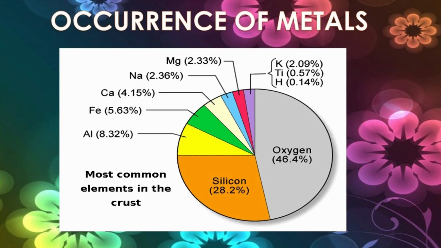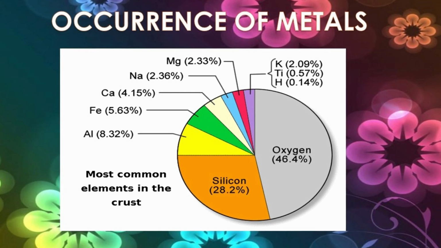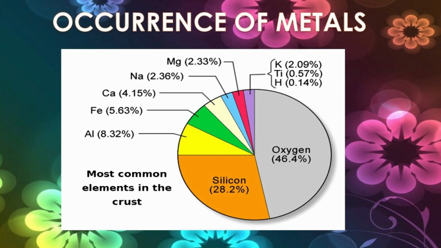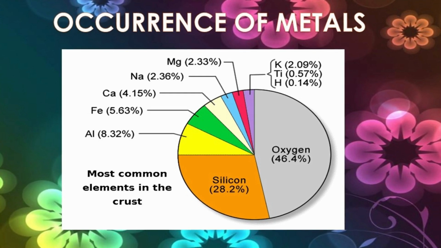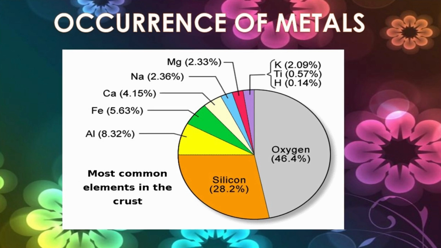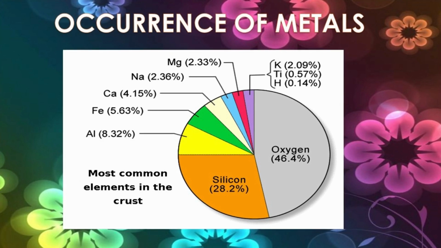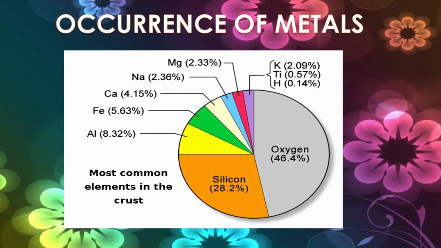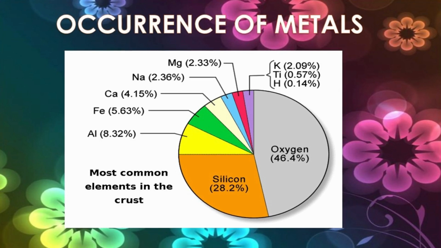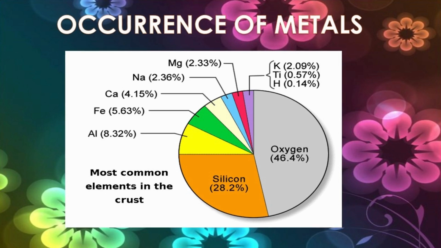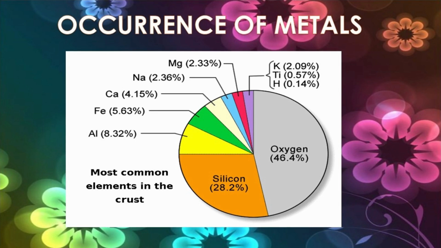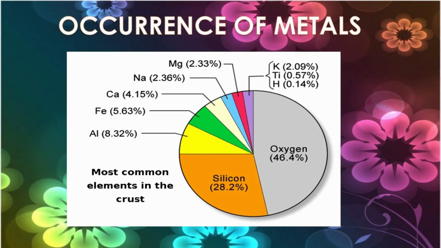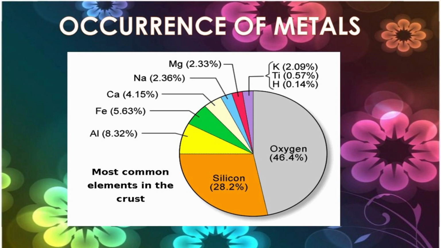Gemstones like ruby are also a form of aluminium oxide in which chromium 3 plus ion is present as impurity. The second most abundant metal in the earth crust is iron. It is present in various combined forms and is also present in the biological system. That is, in hemoglobin, we have iron forming a coordination compound.